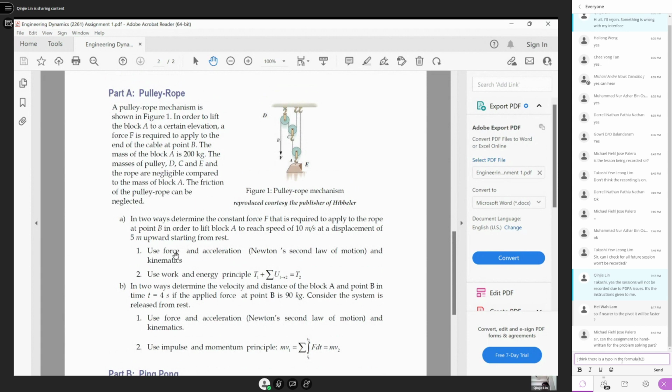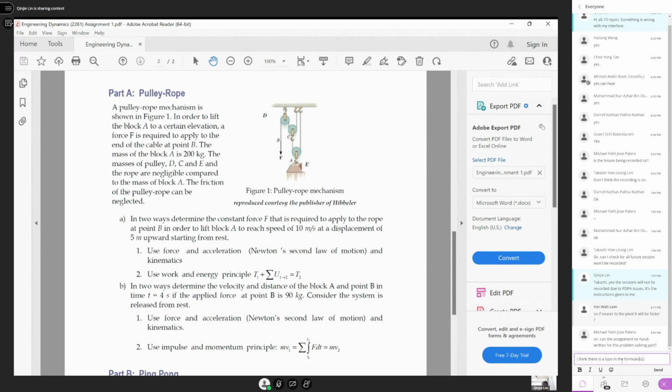So you can use force and acceleration to solve it. They already hint that it is Newton's second law of motion, that is your F equals ma. And then you will also use the work and energy principle, basically the conservation of energy, to solve this problem. Logically speaking, you should get the same answer.